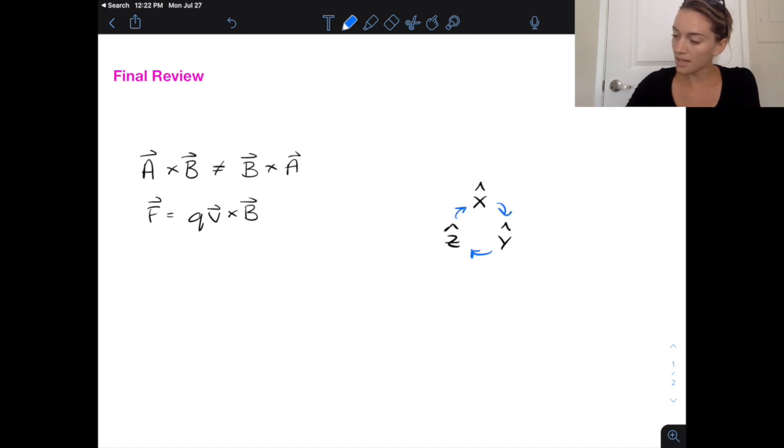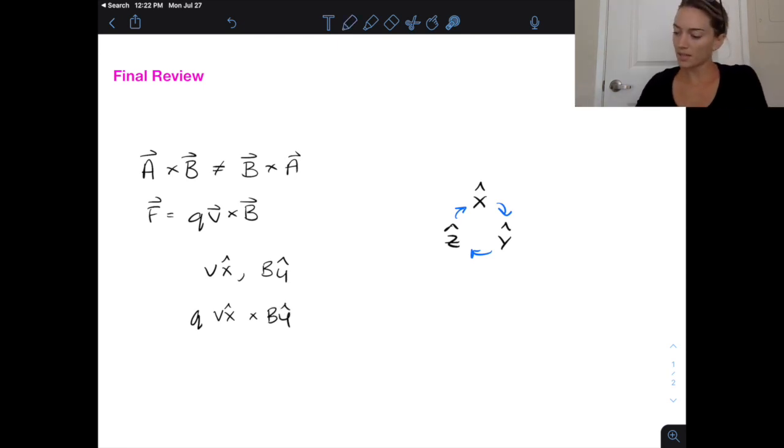So let's say, for example, that we're doing a problem and V is in the x hat direction and B is in the y hat direction, okay? And we want to take the cross product of that. So we want to do V x hat cross B y hat. Now we can see here that x hat cross y hat will give us z hat.